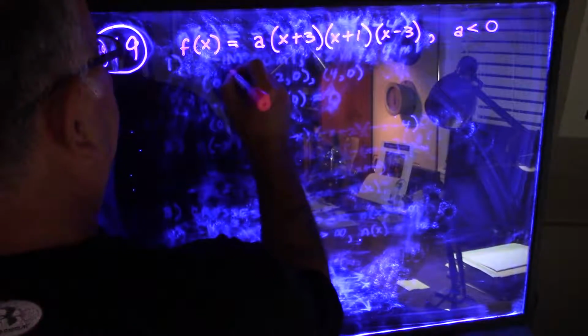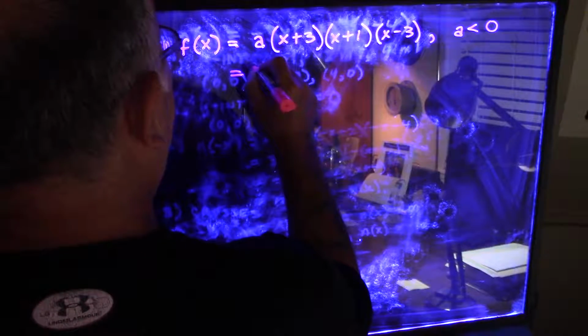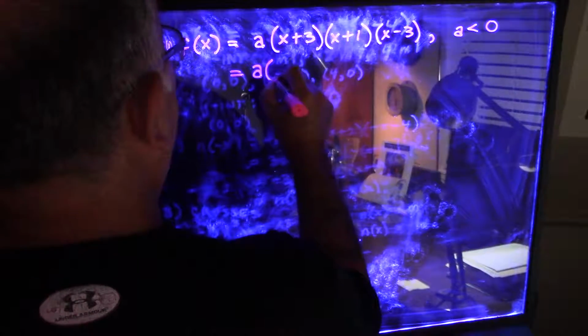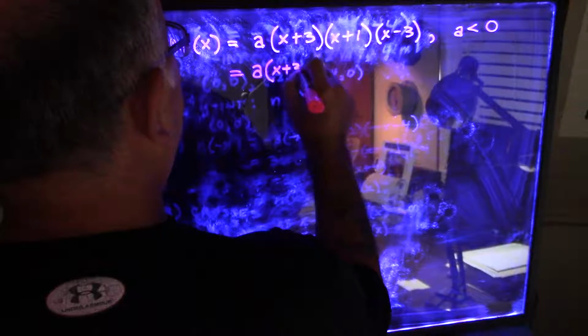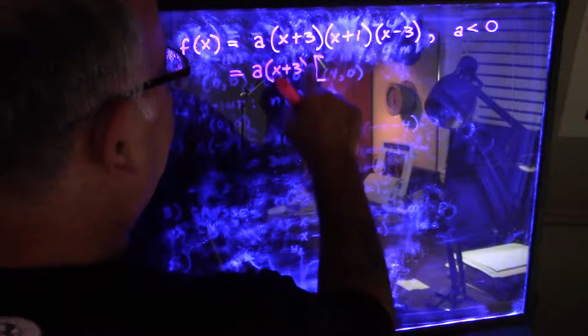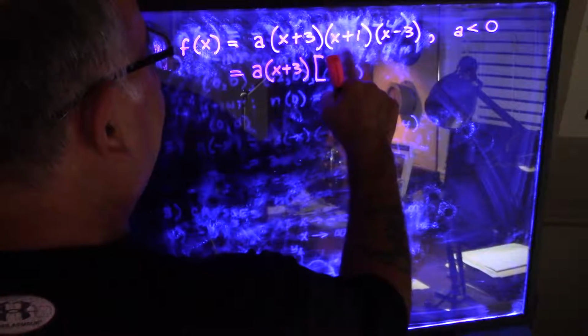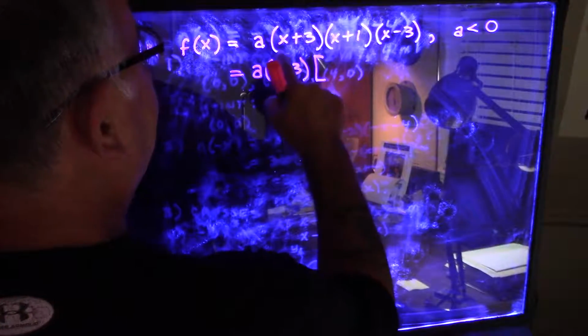So we can expand all of this. So that equals a times x plus 3, and there are several ways you could do this. You can multiply these two first and then multiply the rest, or you can do these two first and then do the rest.